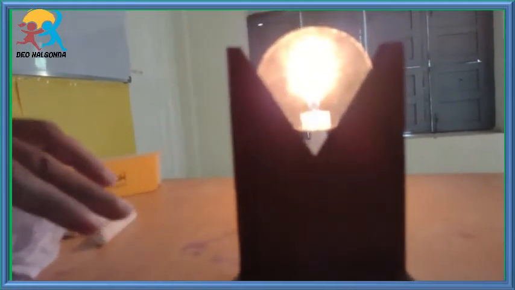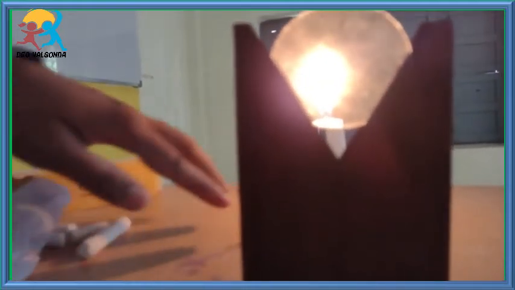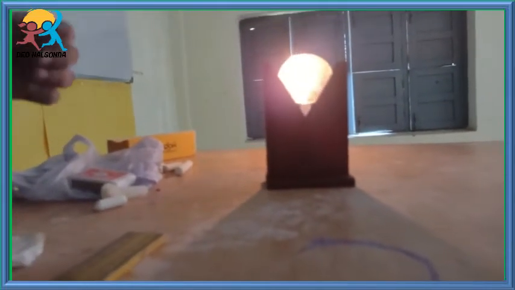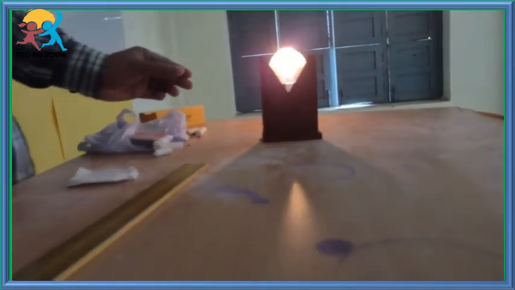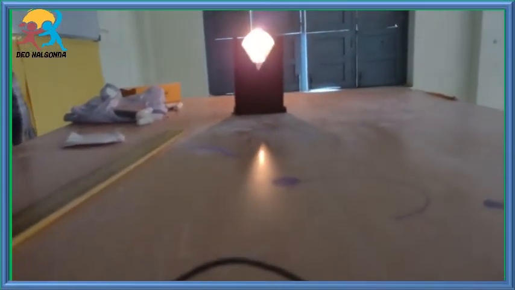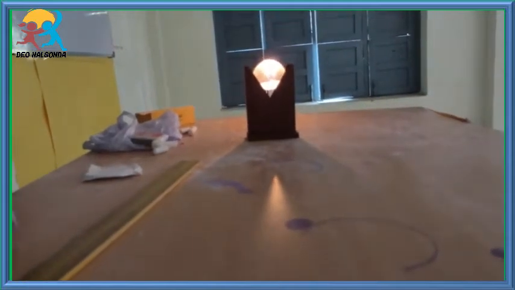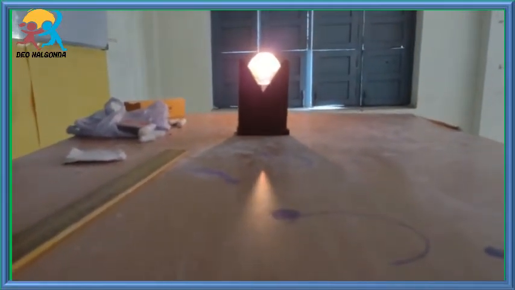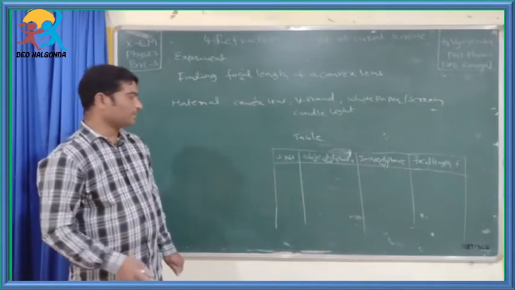This is only possible when the object distance u is less than the focal length. That means we place the object between the focus of the lens and the optic center of the lens, then you get the virtual and erect and magnified or enlarged image. And we have seen that experiment.